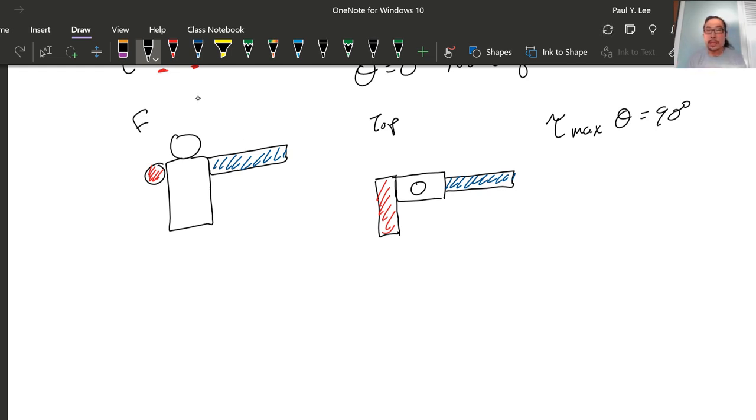And if we are looking at this from the side view, let's see if I could get a, there we go. This is my axis of rotation right there. So that's your shoulder joint, that's your axis of rotation, so your arm is going to pivot around there.